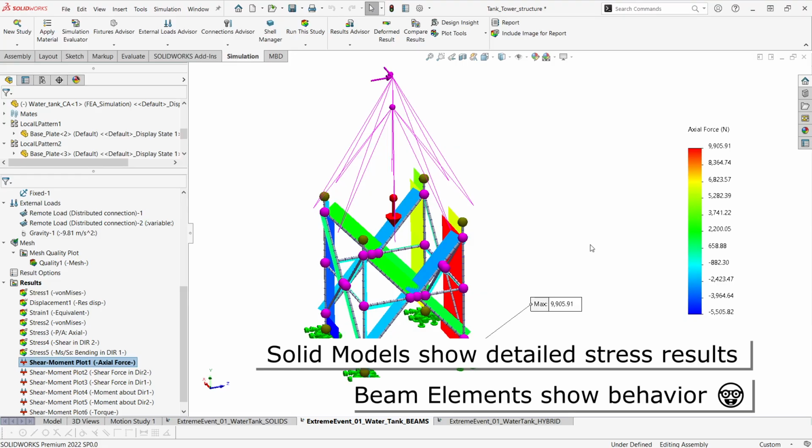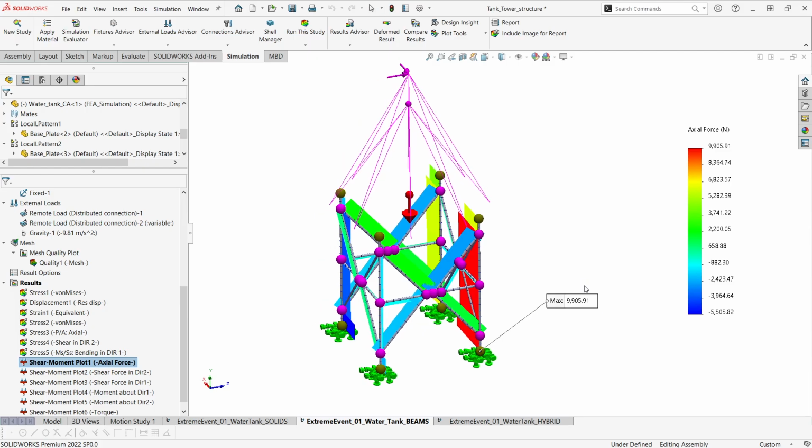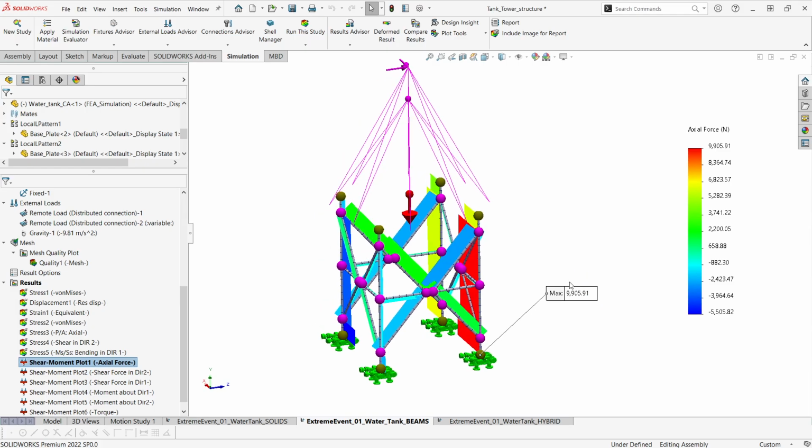They are an equivalent structural model that gives you a completely different level of insight. And this is how engineers actually use beam models in real projects, to understand the system first before going into detail. In the next video, I'm going to show you the most common mistakes with beam elements, because this is powerful, but also very easy to misuse.